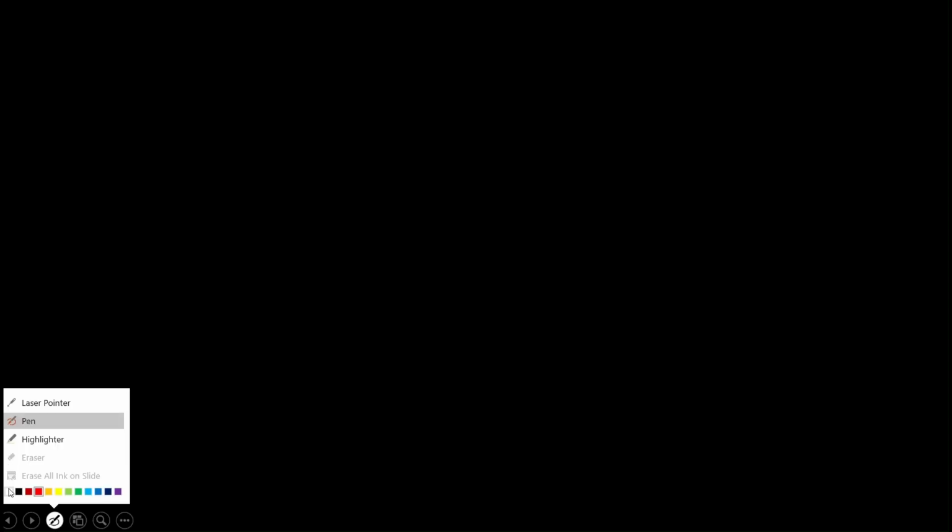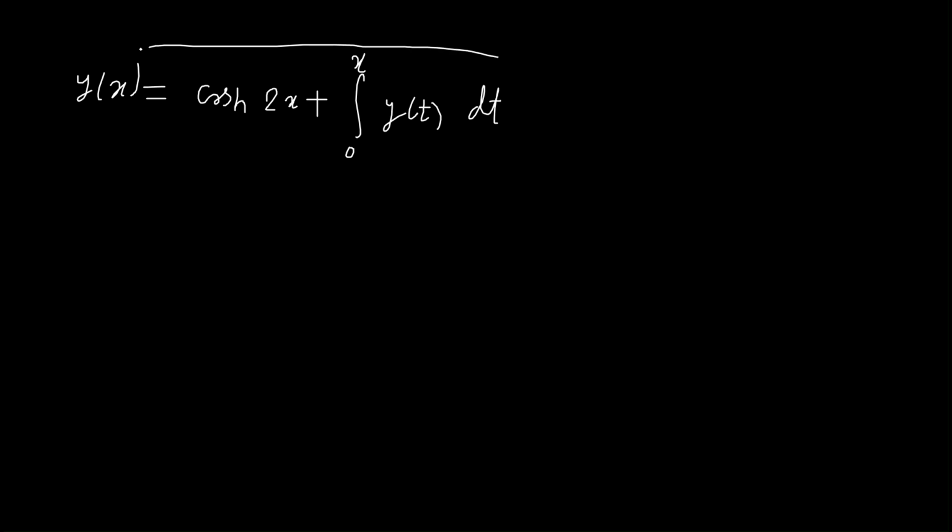So for today, your homework will be to solve this integral equation: y of x equals a cosh 2x plus integration 0 to x y of t dt. So this is your homework question.